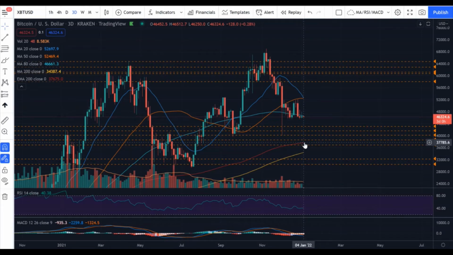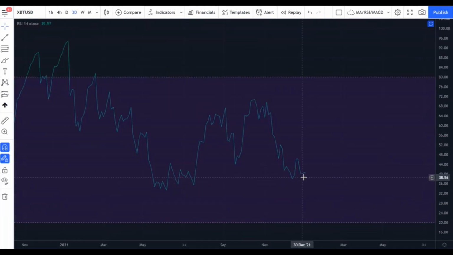So now we're looking at the RSI, and 3 days ago the RSI was 40.56, and now today it's at 40.38. So it did trend down just a little bit. We can enlarge. It's kind of gone sideways these last 9 days.